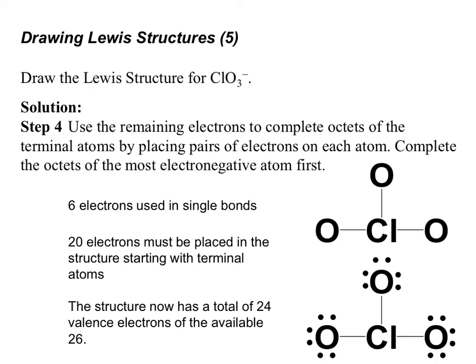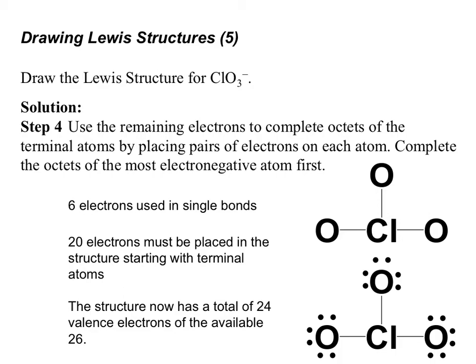Step 4 stated that we use the remaining electrons to complete octets of the terminal atoms by placing pairs of electrons on each atom. Complete the octets of the most electronegative atoms first. Well, as stated before, 6 electrons are used in single bonding. Therefore, we have 20 electrons that must be placed in the structure starting with the terminal atoms. Well, we start putting our electrons in to give 8 electrons to each atom.